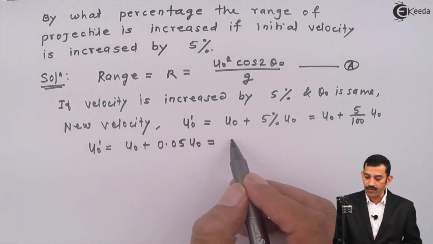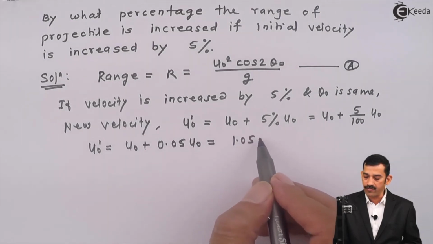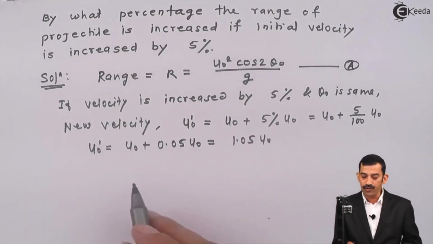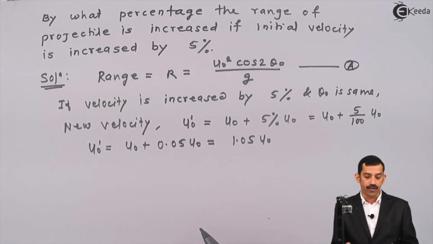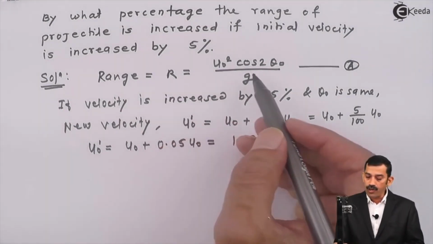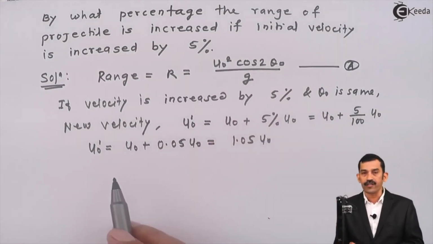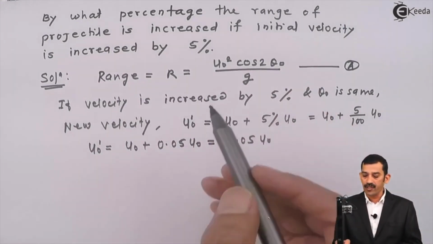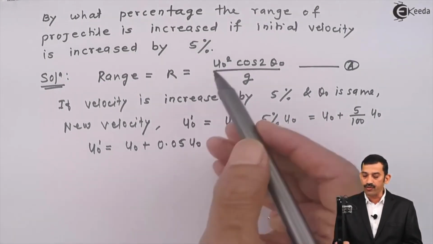That comes out to be 1.05 u0. So u0 dash, the new velocity, is written in terms of the initial velocity u0. The formula of range is in terms of u0 and theta 0. Theta 0 remains the same, and u0 becomes u0 dash.